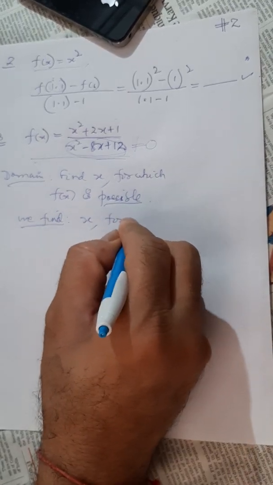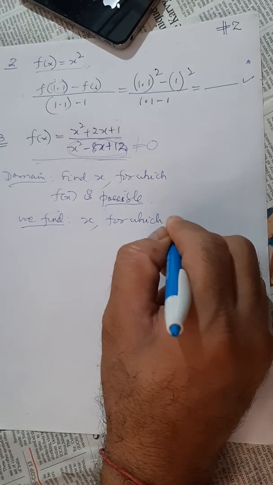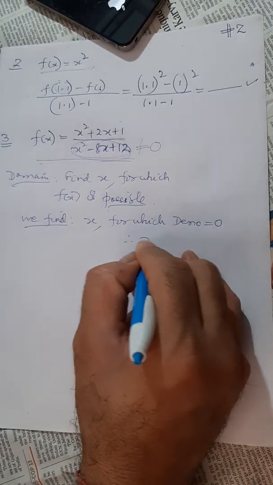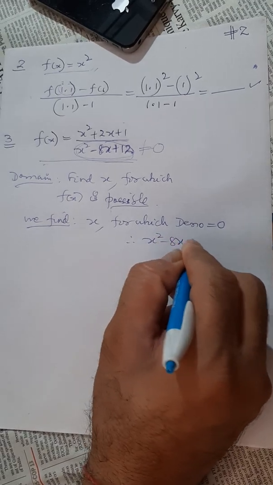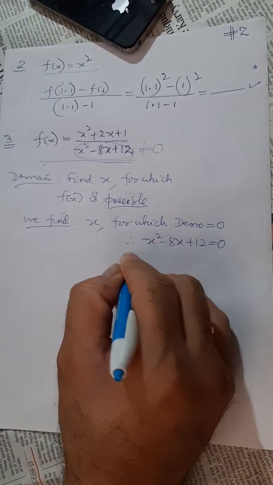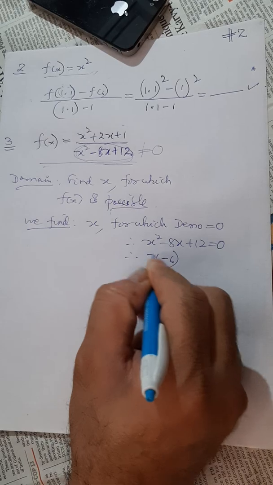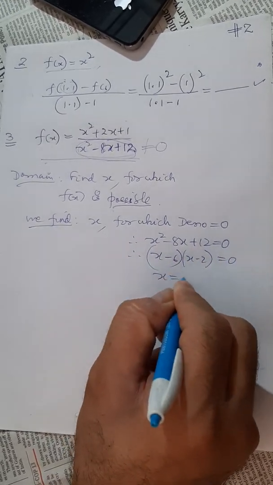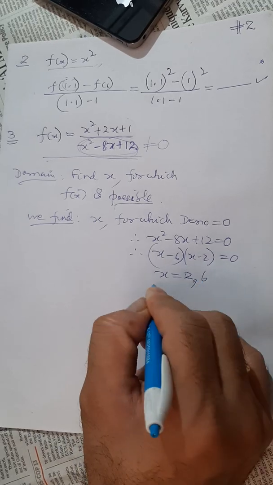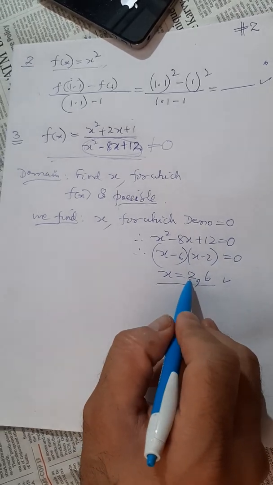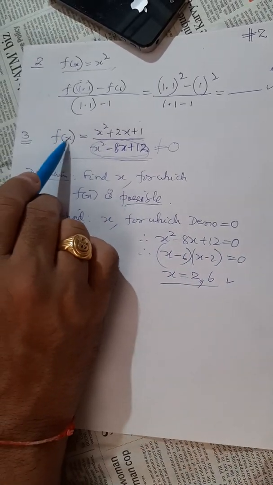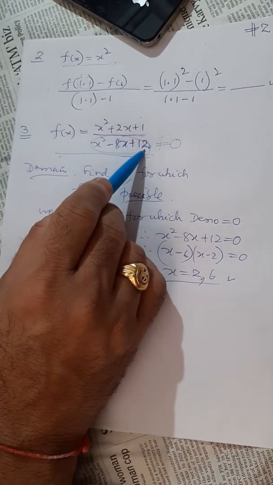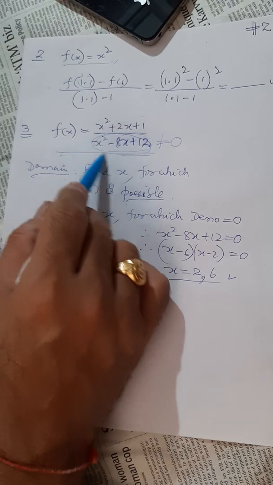So we find x for which the denominator equals 0. So x square minus 8x plus 12 equals 0. Factorize this: x minus 6 and x minus 2. These are the factors. So either x is 2 or 6. If I put 2 here in the function, you will see this is 4, this is 12, 16 and minus 16, so this becomes 0.